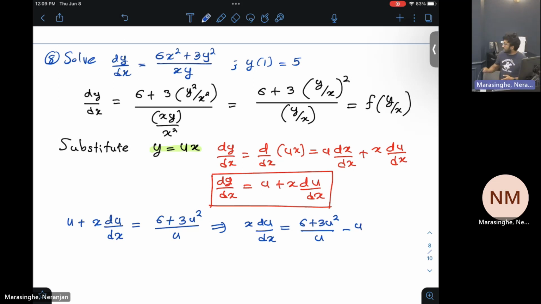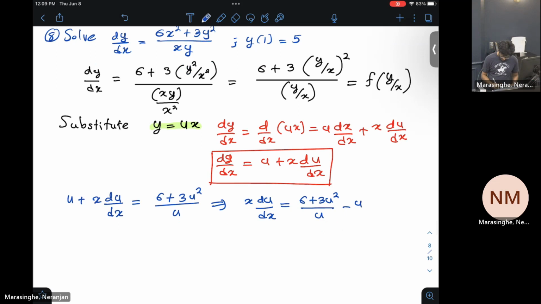If you have any questions up to this point, you can ask. Right. I would simplify this. I would get 6 plus 3u square minus u square divided by u, which is equal to 6 plus 2u square divided by u.